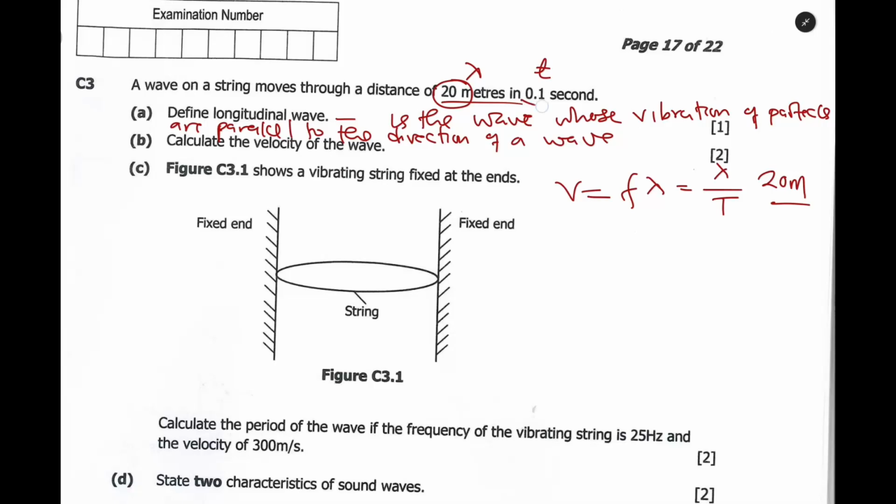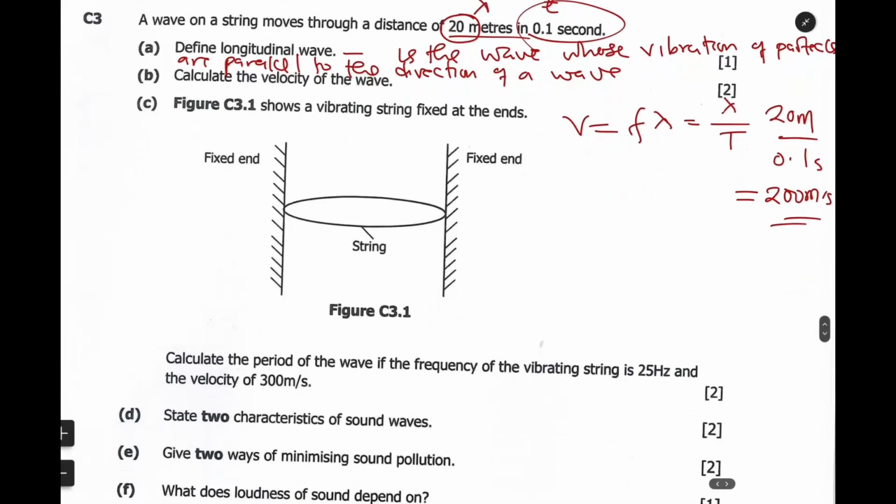In 0.1 seconds, so this is the period. Calculating the speed, you just divide 20 by 0.1. What are you going to have? 200 meters per second. That is the speed of the wave. Okay.